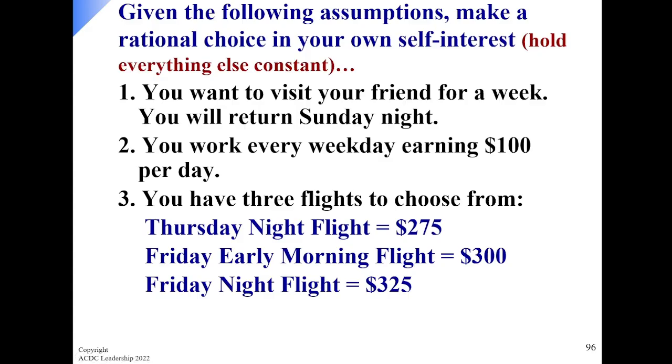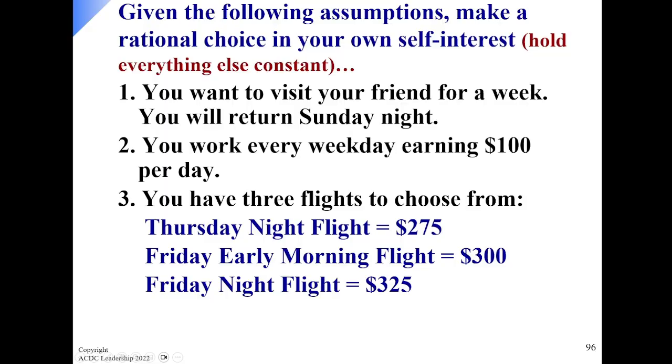So if we use cost benefit analysis, on Thursday, a night flight is $275. You work every weekday, so you can work Monday, Tuesday, Wednesday, and Thursday before getting on your flight. So you have 4 days, so you're earning $400 and then getting on the flight.